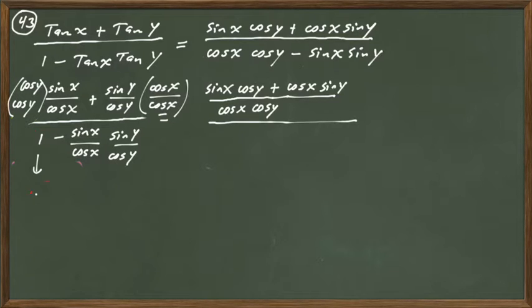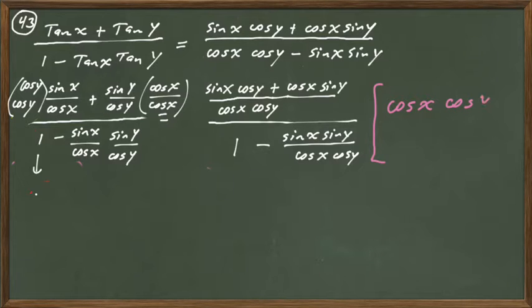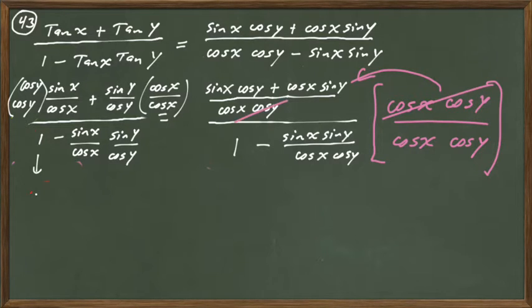If you want, I can leave it as 1 minus sine x sine y divided by cosine x cosine y. What are my denominators? Cosine x, cosine y? So what I believe you're saying, and I think it's right, is I could multiply by a fancy form of 1 here. And when I do that, on top, those cancel, right?